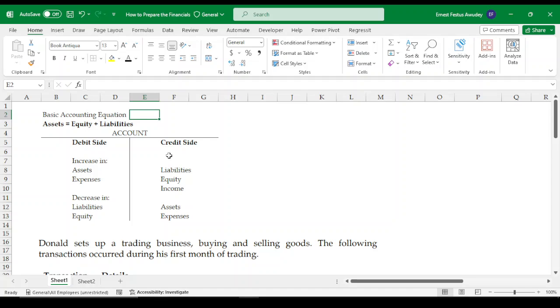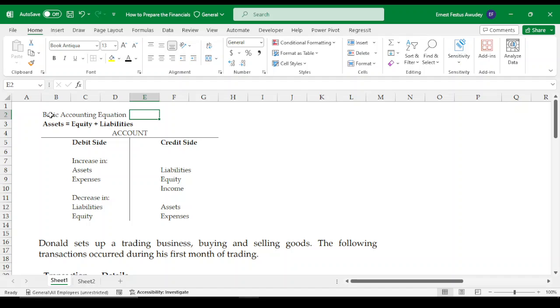After summarizing, you communicate this information to management for decision making. And accounting, for companies, is a statutory requirement. It is required by law to have a system of accounting in your business.